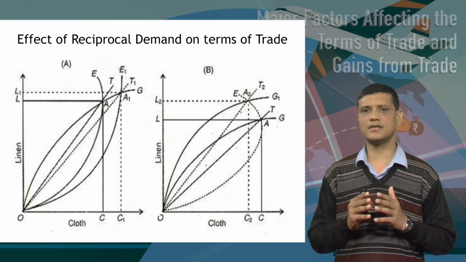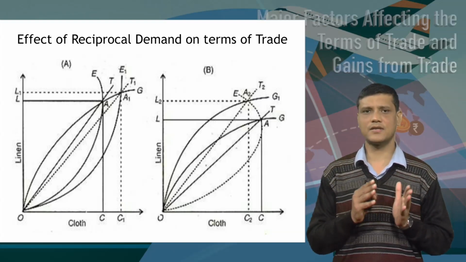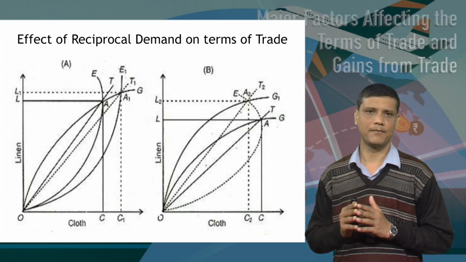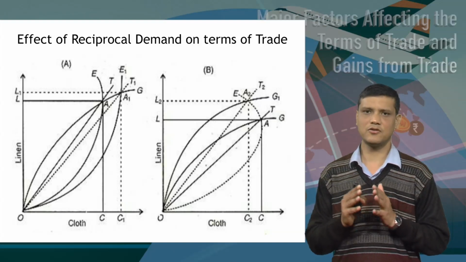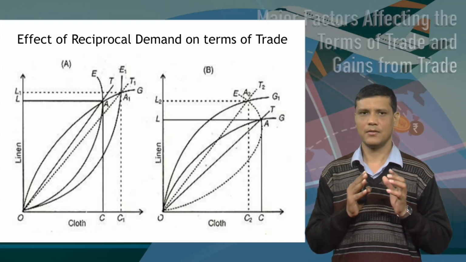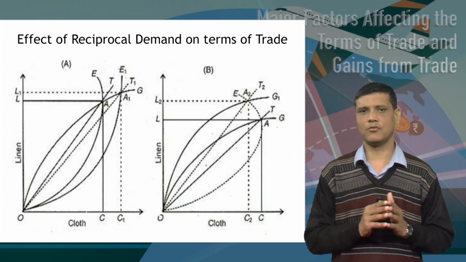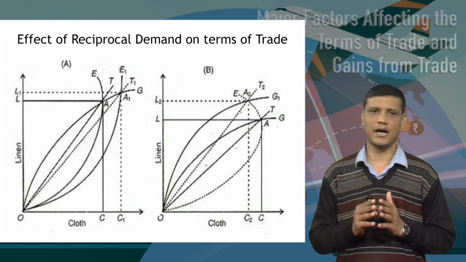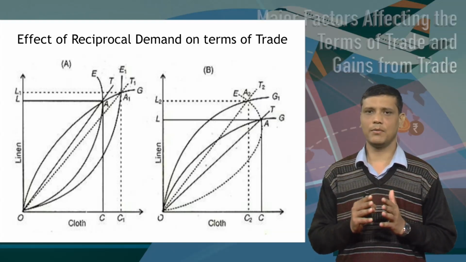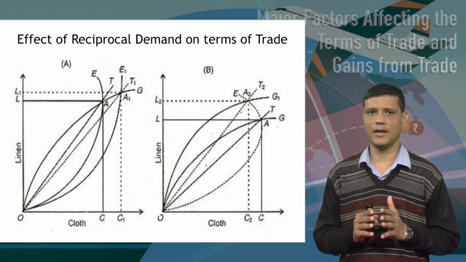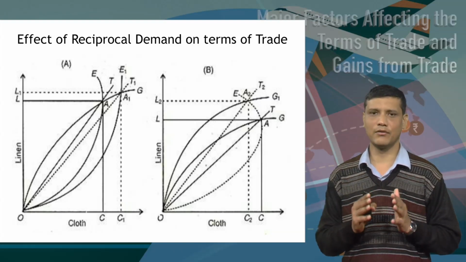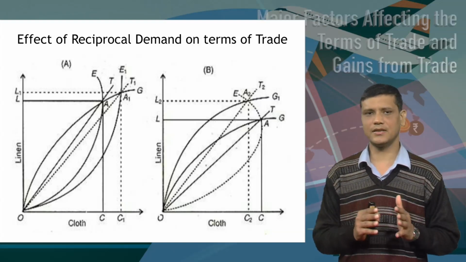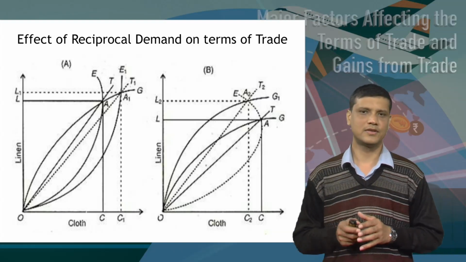The increase in England's demand is shown by the shifting of its offer curve to the right as OE1, which intersects Germany's offer curve OZ at point A1 in diagram A. Now, the new terms of trade are represented by the ray OT1, whereby England exports OC1 units of cloth for OL units of linen. The terms of trade have deteriorated for England and improved for Germany.